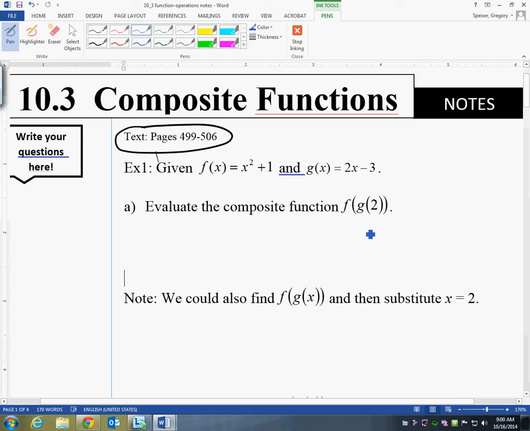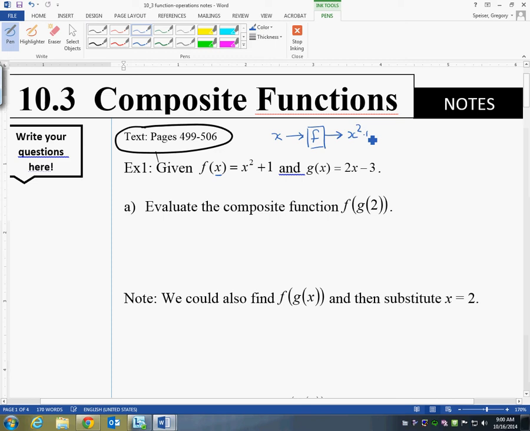So before we start this, let's just remind ourselves how functions work. If I look over here at f of x is equal to x squared plus 1, whatever I put here shows up over here. So if I take an x and plug it into my function f, what comes out?